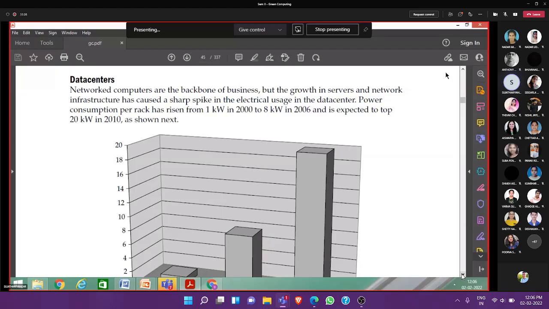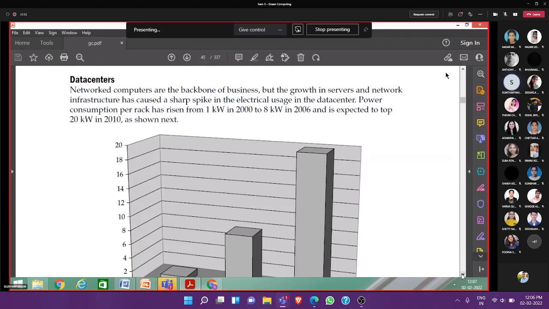Three or four computers will be connected. It gave a lot of benefits, resource sharing benefit and data sharing benefit. Everything was there because of the network connectivity, but tremendous electricity. Power consumption was a lot.